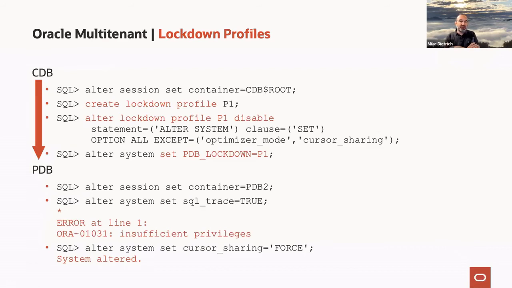Because, for instance, I can't disallow you to set ALTER SYSTEM SET OPTIMIZER_MODE=RULE. That is not possible. I can take away the entire privilege to say you can or you can't do an ALTER SYSTEM, but I can't restrict it to certain activities or features. And this is what lockdown profiles are doing.